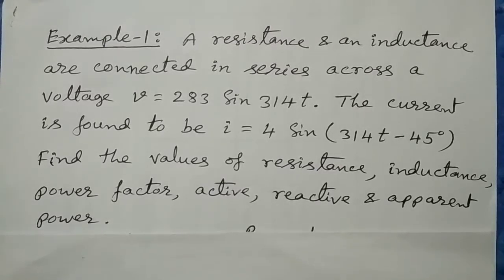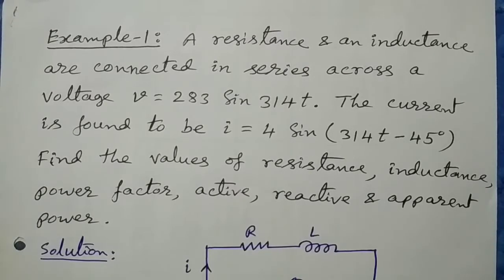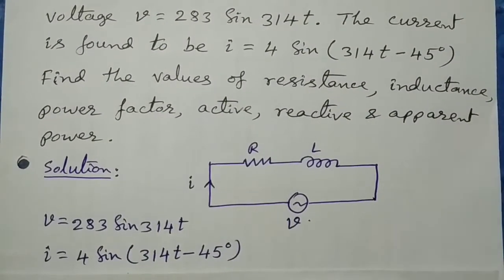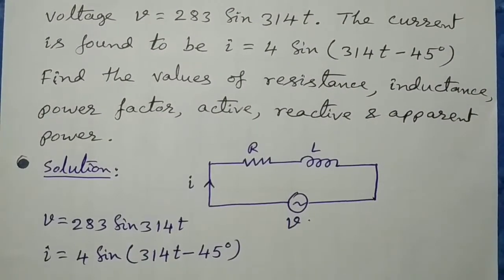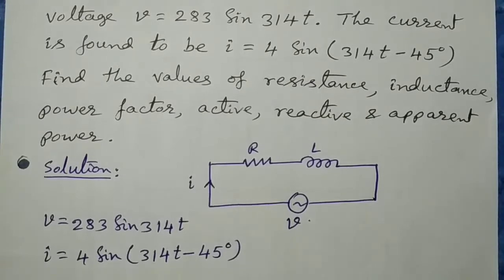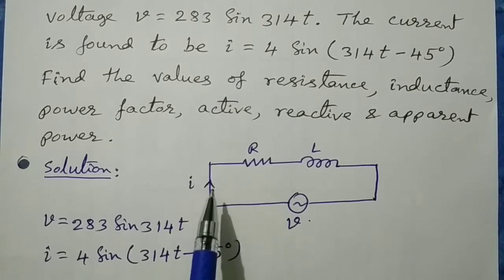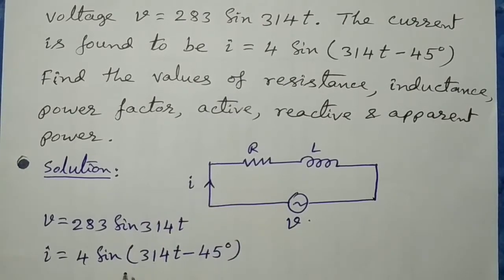So first see the circuit diagram of this question. Here it is a resistive inductive series circuit where V is equal to 283 sin 314t is applied and the current flowing in the circuit is 4 sin(314t minus 45 degree).